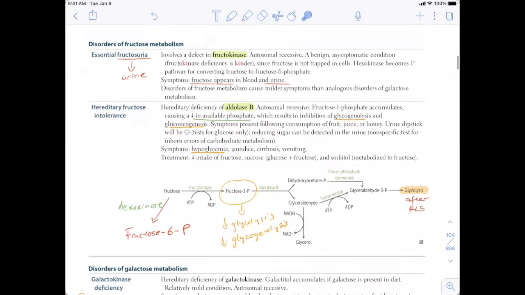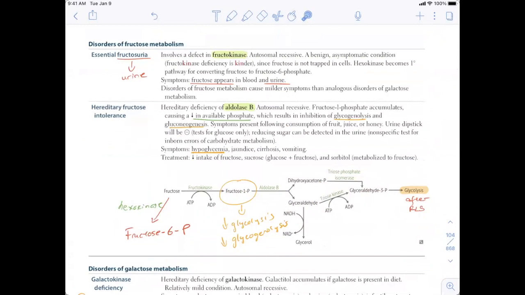So when you look at it, fructose, fructose 1-phosphate, and once you get to DHAP and glyceraldehyde, what is this? This is glycolysis. So this means we're entering into glycolysis after the rate limiting step. That's one. But that aside, let's look at some key things on this side.